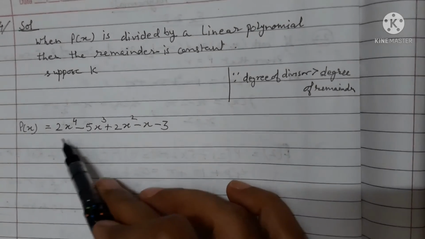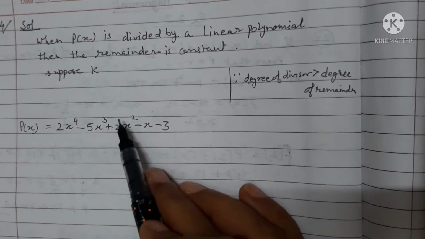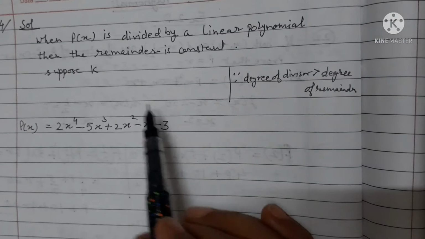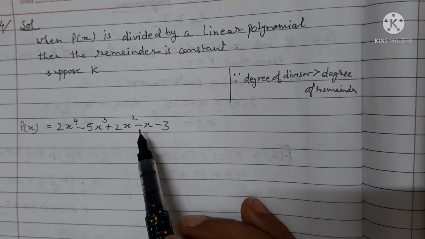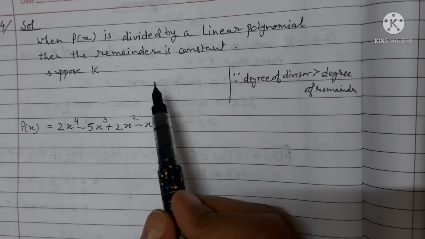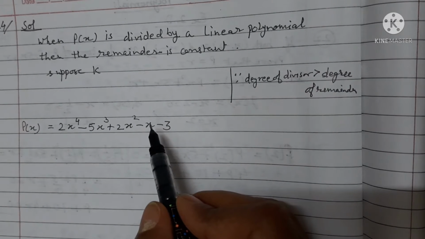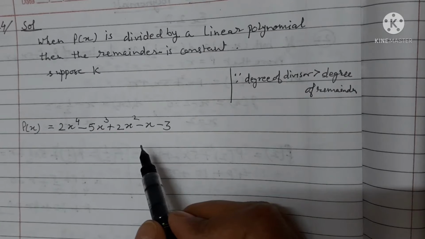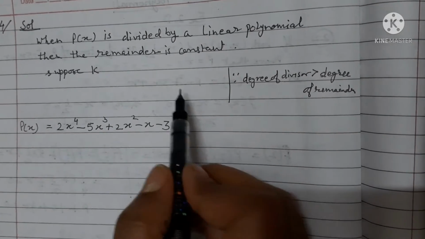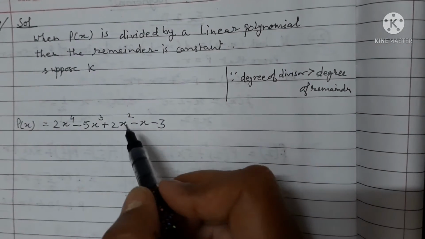Now, our polynomial P(x) is 2x to the power of 4 minus 5x cube plus 2x square minus x minus 3. This is our polynomial and it is divided by a linear polynomial, and when it is divided, no remainder will be left. So that is what should be added, which the question is asking.